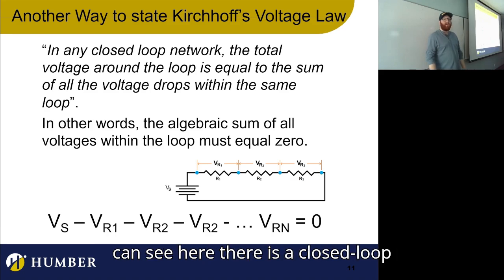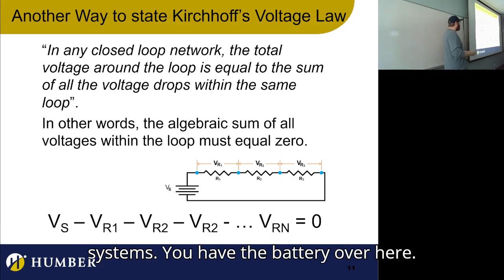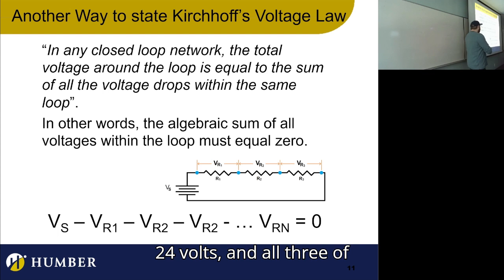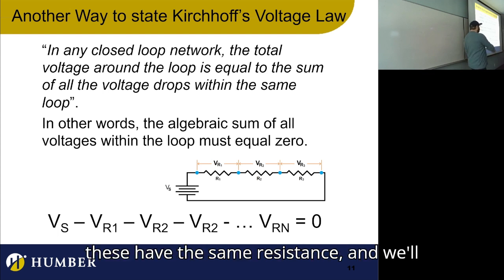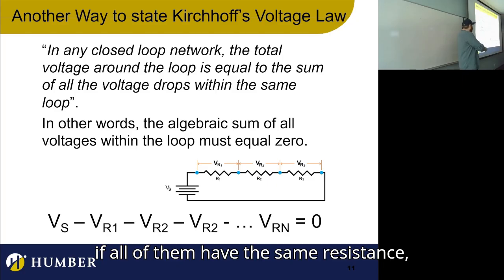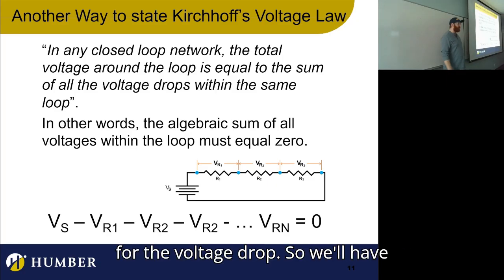So you can see here there is a closed loop system, and it is specific to closed loop systems. You have the battery over here. So you can imagine if the battery is like 24 volts, and all 3 of these have the same resistance, and we'll get into this in the second slideshow that we're doing today. The breakdown, if all of them have the same resistance, will be equal between the 3 of them for the voltage drop.